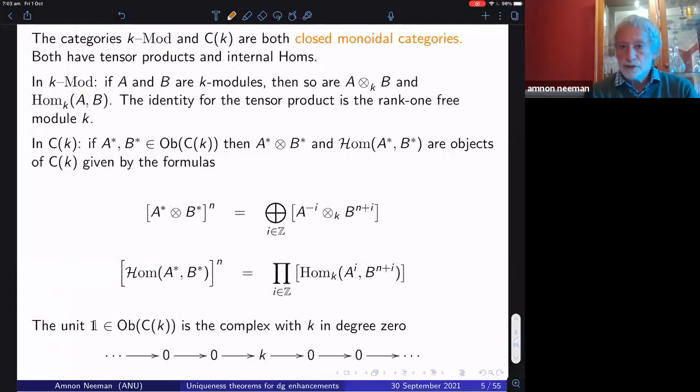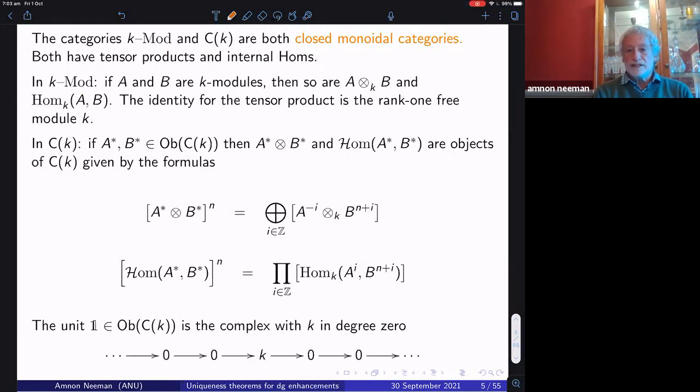Now, both of these are closed monoidal categories. They have a tensor product and an internal Hom. This is because the ring K is commutative, the tensor product of two K modules is again a K module, and Hom AB is a K module.